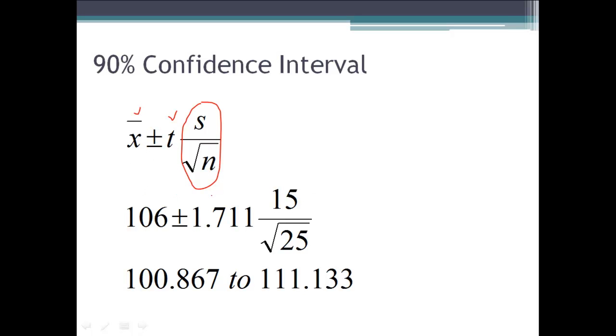That's where I had the 3 on the previous slide. So the sample mean, this is 1.711 with 90% confidence and degrees of freedom equal to 24. That's 25 minus 1. Look that up on the t-table. You'll get 1.711. And now we just have our calculation here.